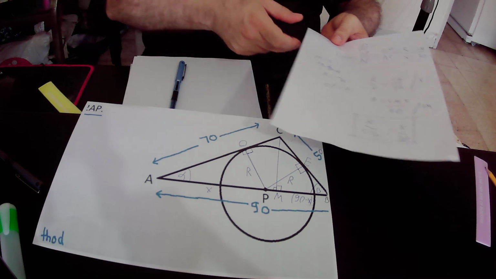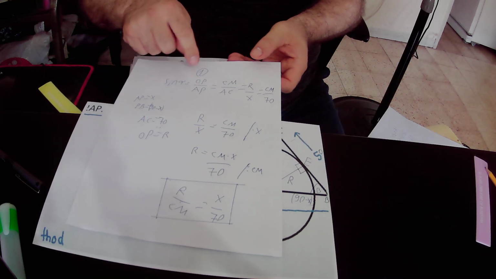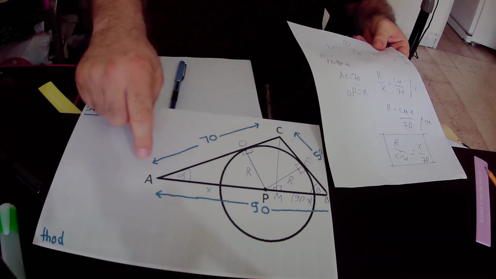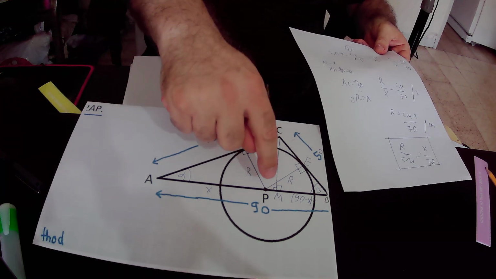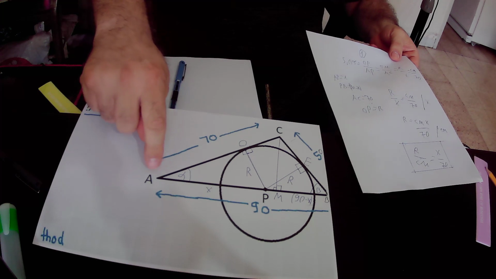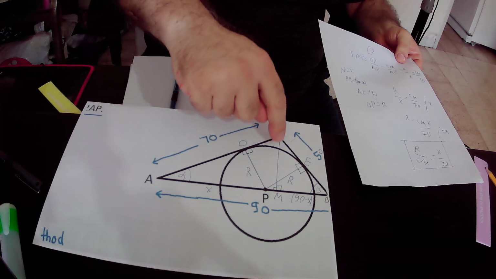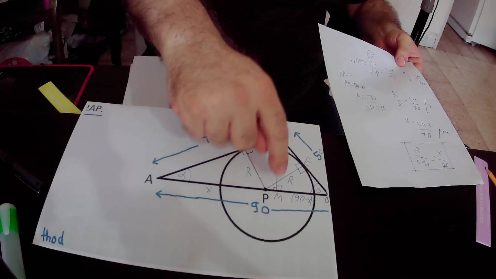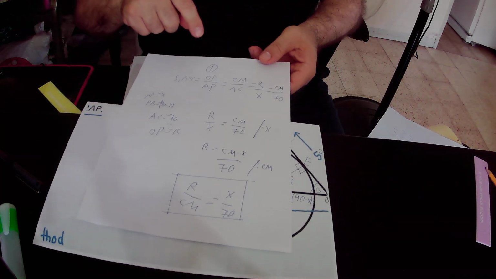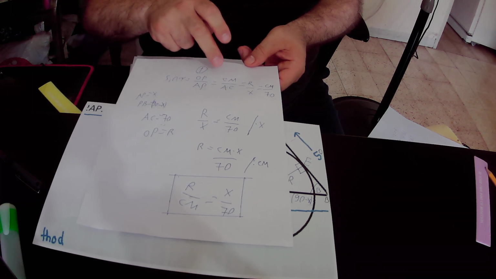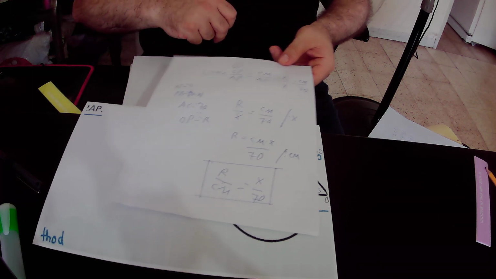Okay, so sine alpha equals OP over AP and also CM over AC.